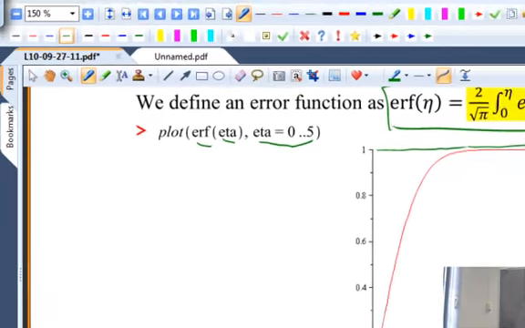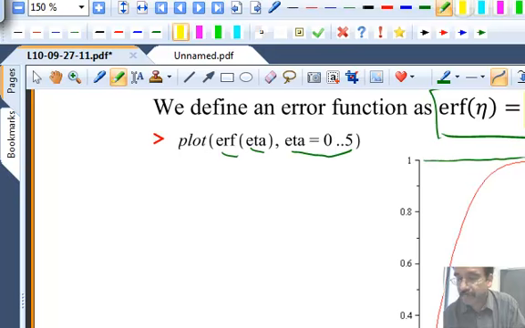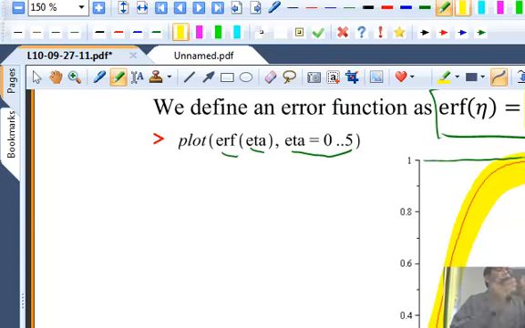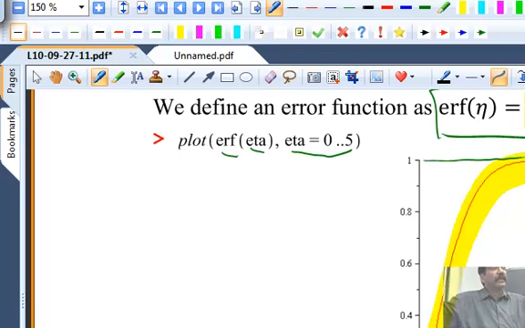Okay, this is what we call the master curve. The solution to the velocity profile for all times and for all positions is given by a single master curve, the error function. From this one, the question now is, what do I really want to construct? What I want to answer is questions like this. If this is a plate that is moving with the velocity u, I want to construct a velocity profile at 1 second.